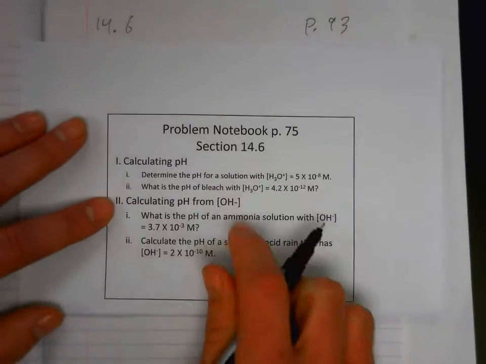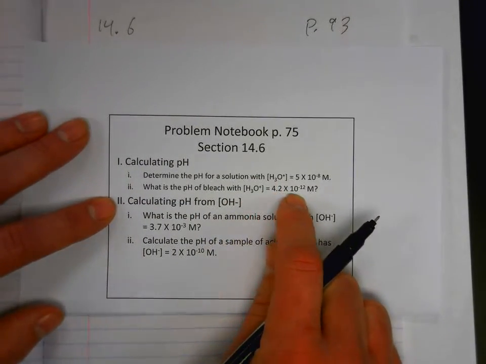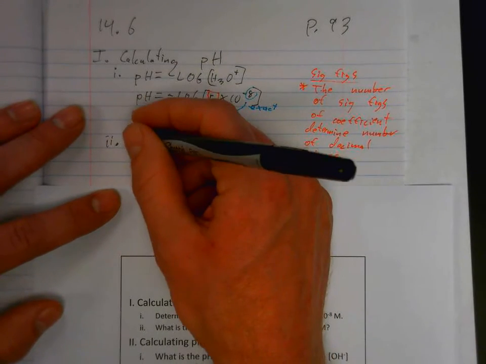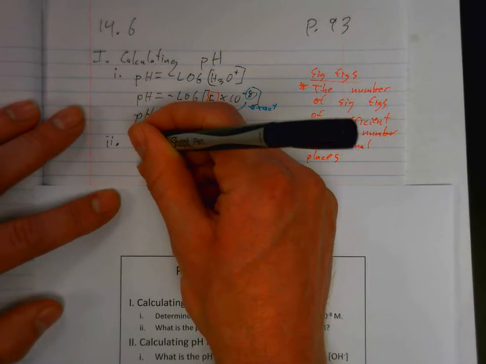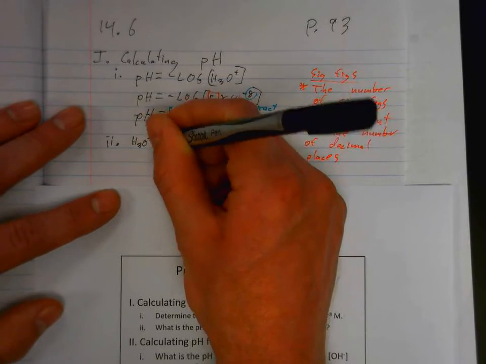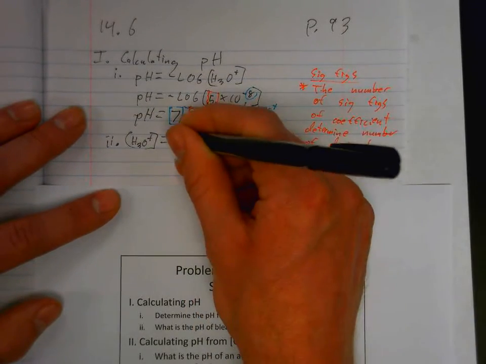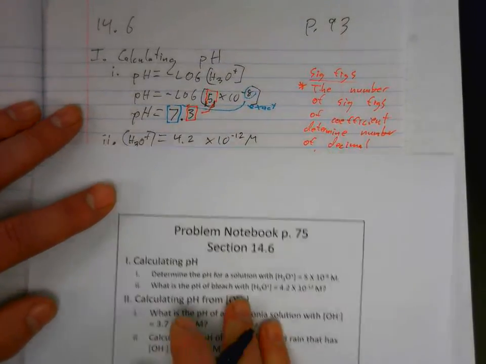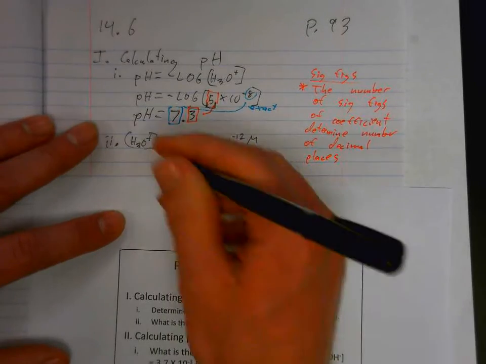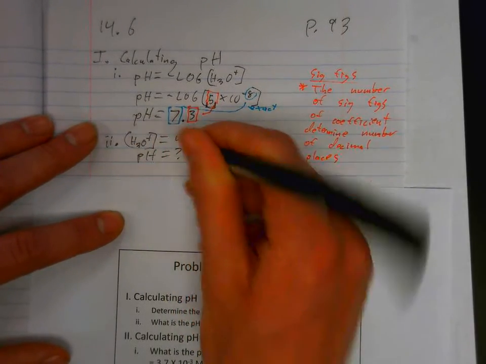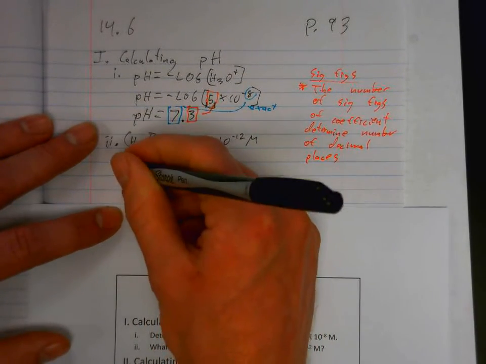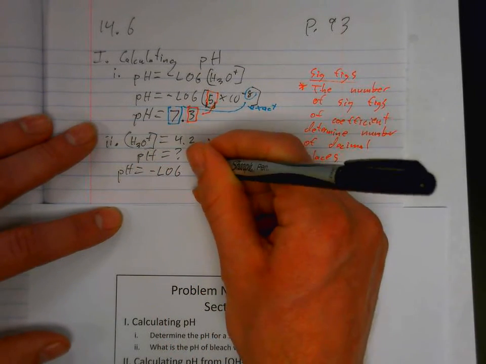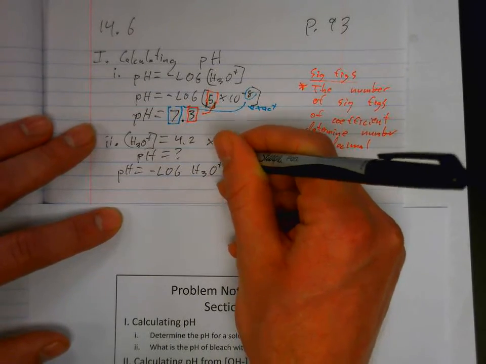What is the pH of bleach with this concentration? So if we have H3O plus that's 4.2 times 10 to the negative 12 molar, and we want to know the pH. We plug into the equation. pH is the negative log of the hydronium ion concentration.